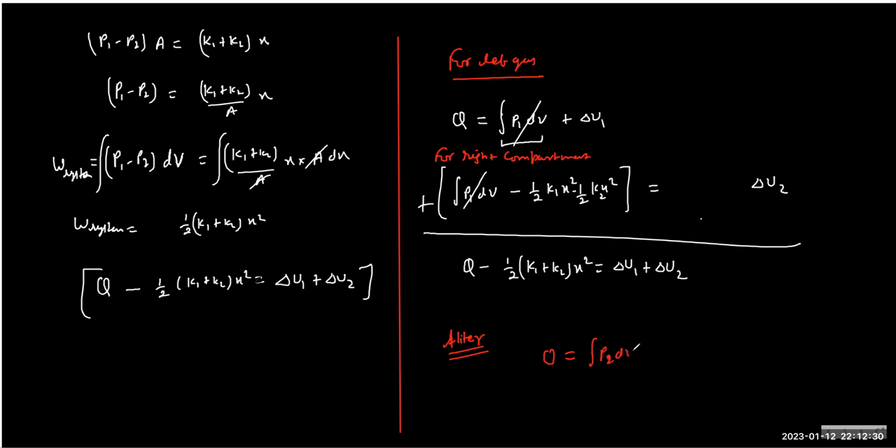P2 dV and delta U2. Okay, sir. The P2 dV is the delta U2. Exactly. The P2 dV is this value. So this will take care of everything.